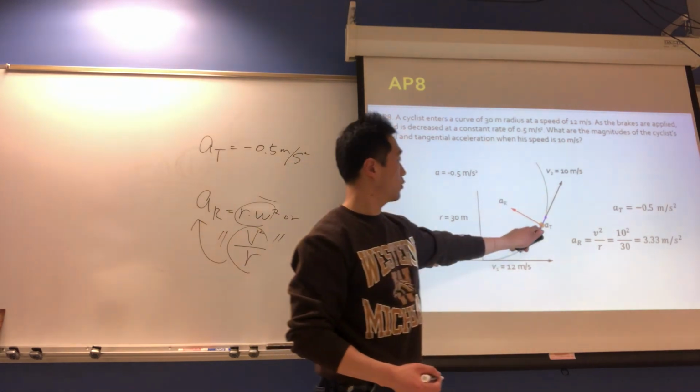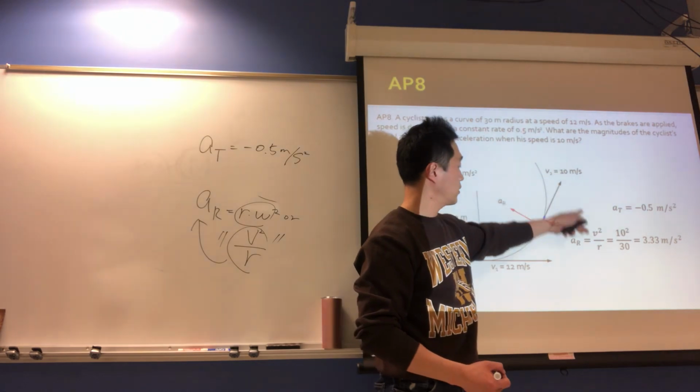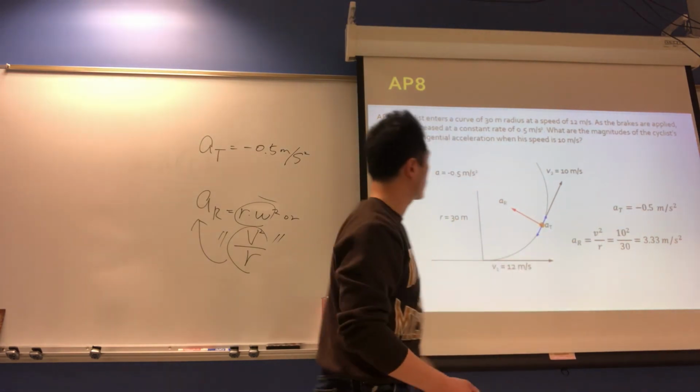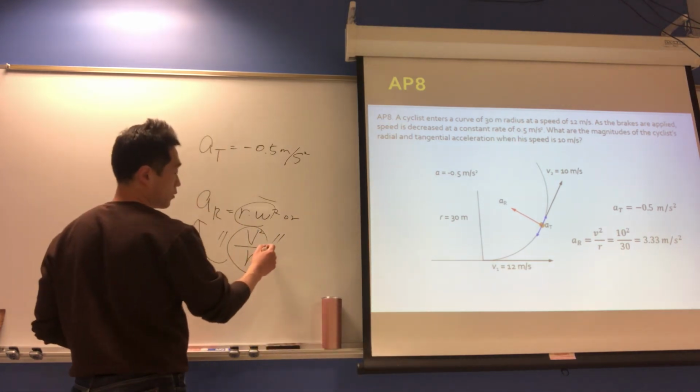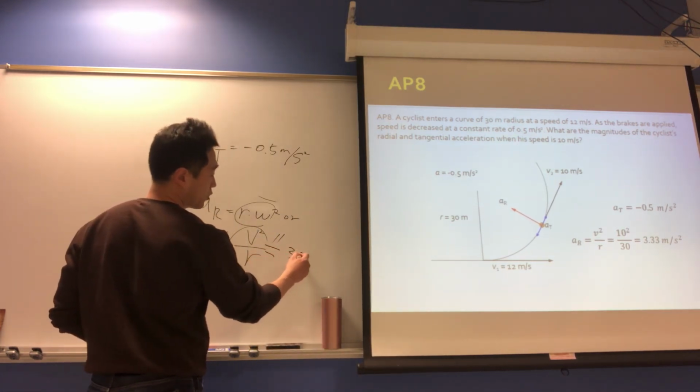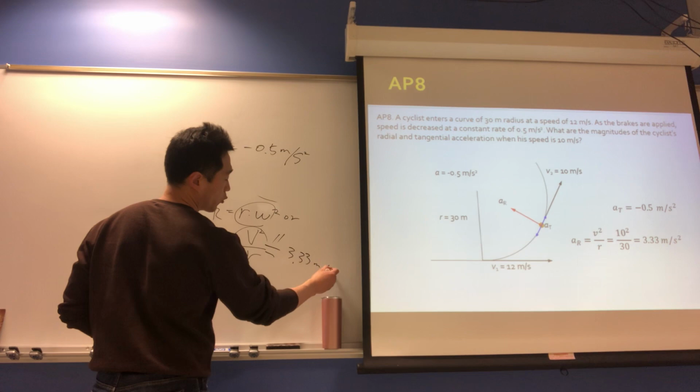V2 is 10 meters per second, squared, over a radius of 30 meters. So a_R will be 3.33 meters per second squared.